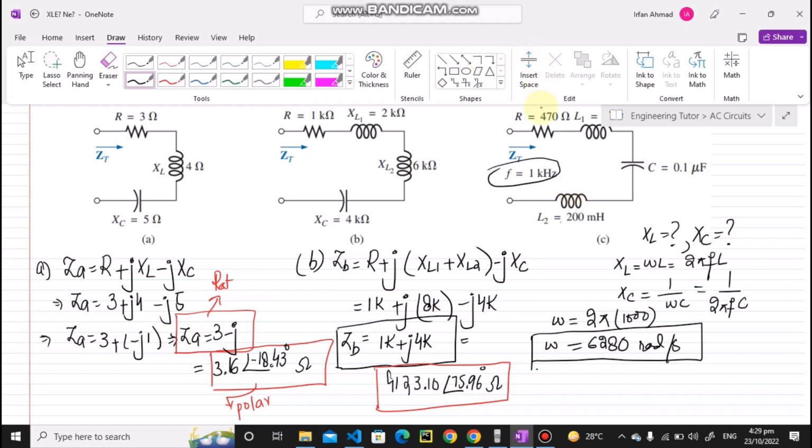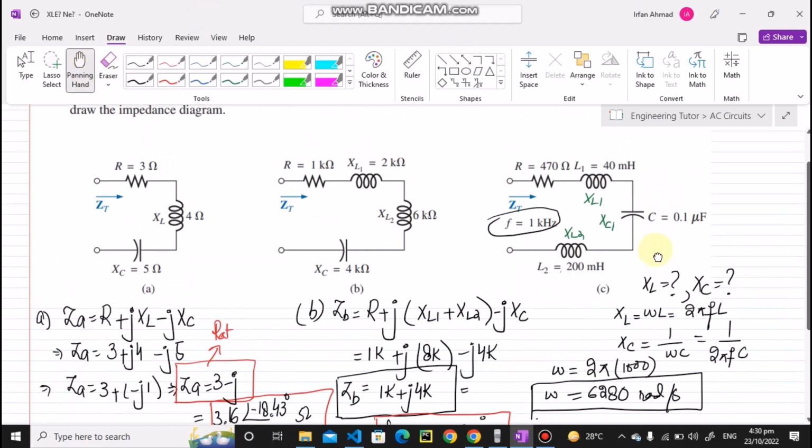Here this is XL1, this is XL2, and this is XC1. Only one capacitor we have here.